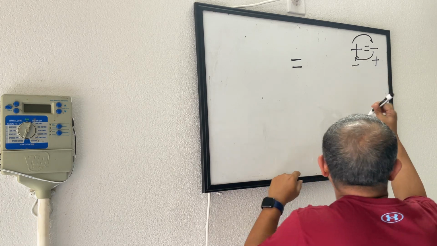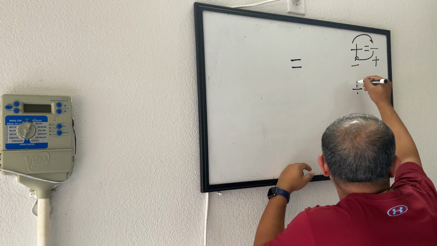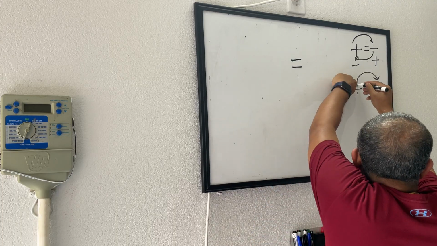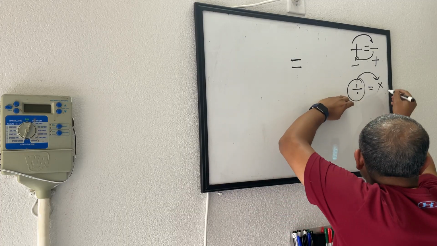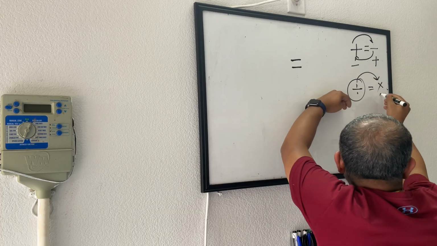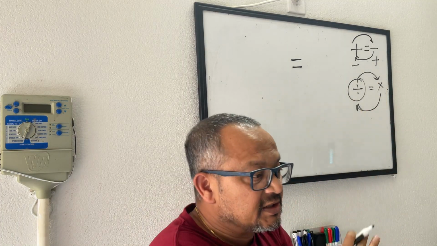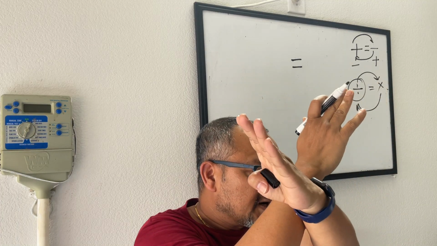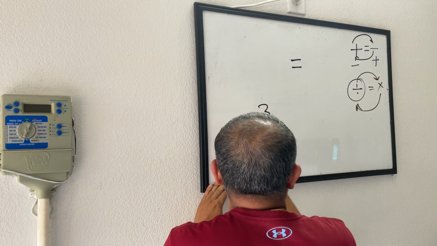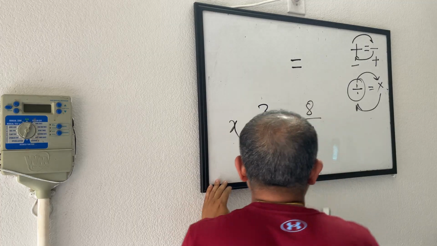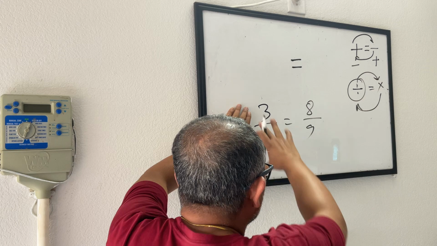And the second thing is divide and multiply. Same thing. When you have to move a number with a division sign to the other side, it becomes a multiplication, or vice versa. So there should not be any confusion. One thing you can remember is that in the case of fractions, you have the butterfly method. So if you are talking about 3 by 5 x equal to 8 by 9, and you have to find out x, let's worry only about moving this thing.